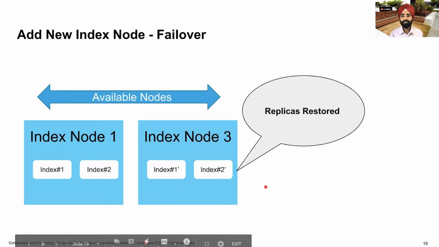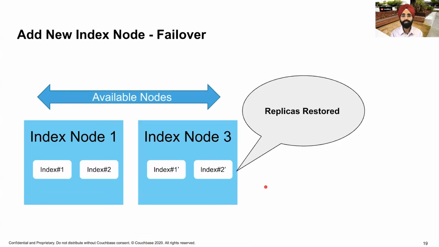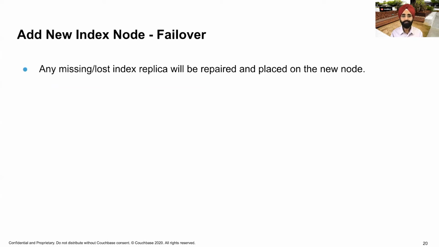But it is essential for all indexes to be defined with replicas for this automatic repair to work. So any missing or lost index replica will be repaired and placed on a new node whenever a new index node is brought into the cluster.